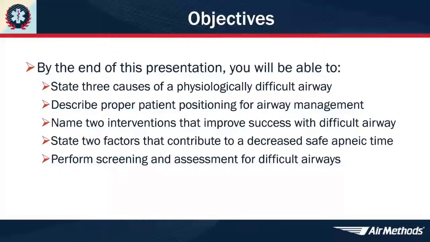When they talk about safe apneic time, basically what we're talking about there is, like we said earlier, pre-oxygenating the patient well so that during that time while they're not breathing or they're apneic, you have an increased amount of time that they stay oxygenated to get that airway in place.